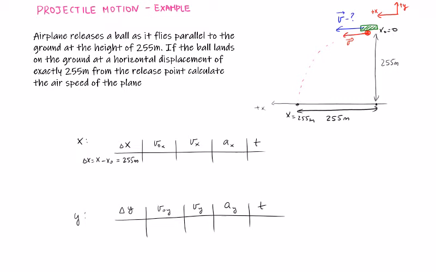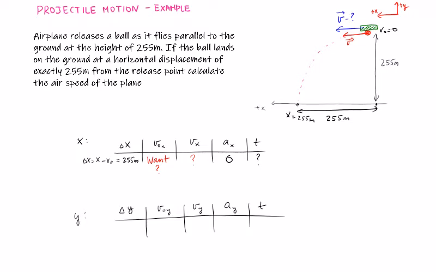V naught x is actually what we're looking for. This would be the plane's velocity. We want this, and it's a question mark. We don't know the Vx, and we know that the acceleration on the x-axis is 0, and we don't know the time. Well, that's not good luck for us, because we have only 2 out of 5 quantities, which means we cannot find any of the other 3.